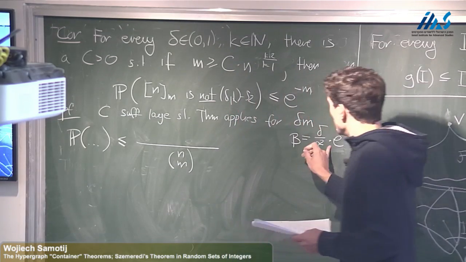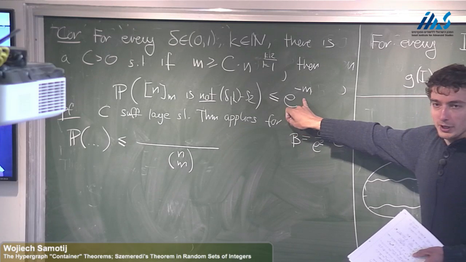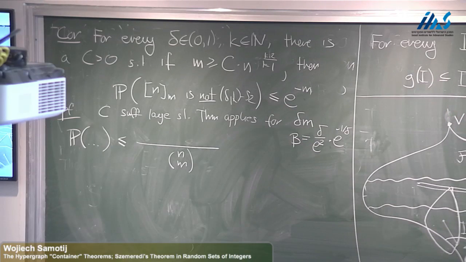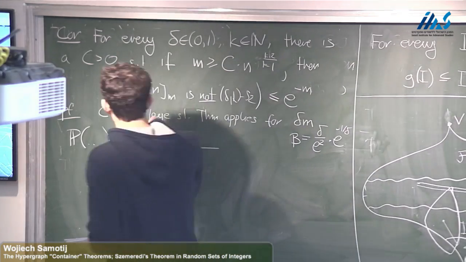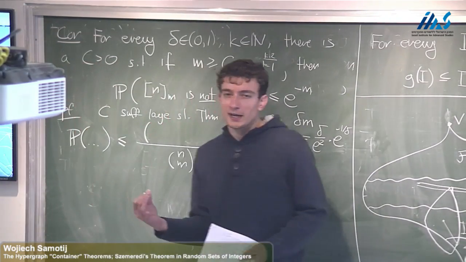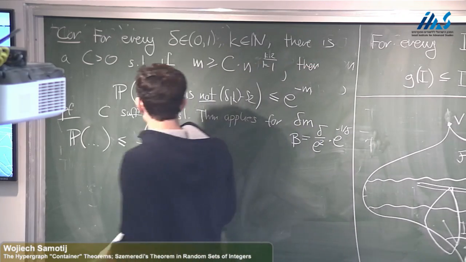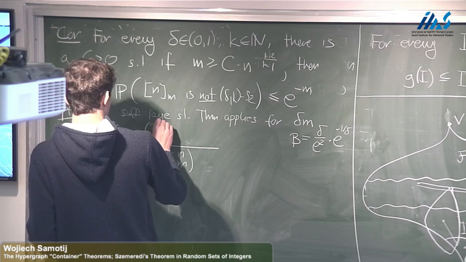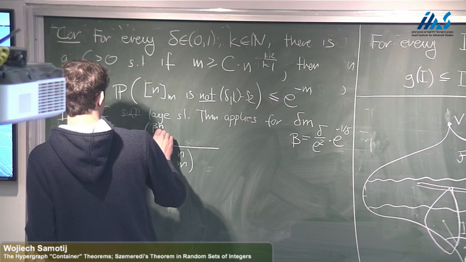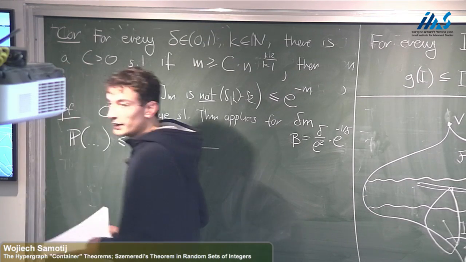I computed this beta so that we get this nice bound here. Now, the number of ways I can choose these delta m elements so that they don't form any k-term arithmetic progressions is at most beta n choose delta m by the theorem.